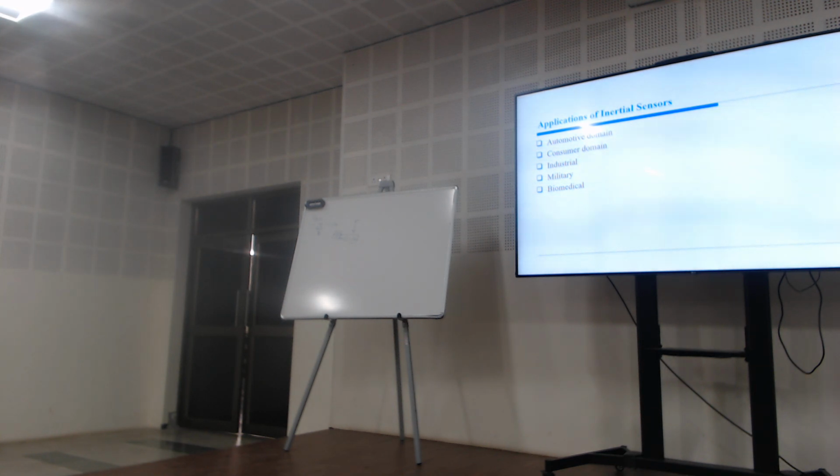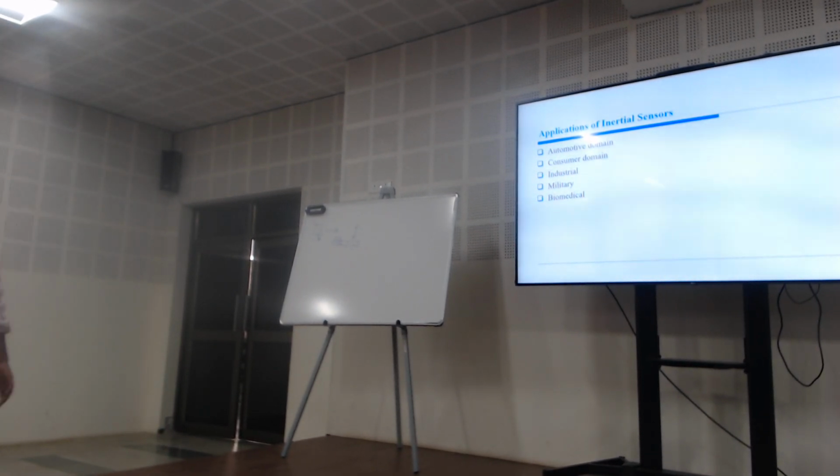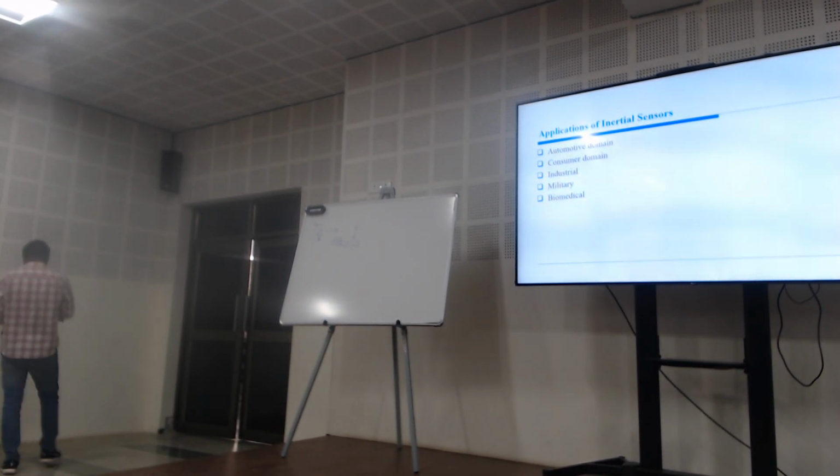Next is the consumer domain: our mobile has a gyro accelerometer, and our screen rotates using it. Then industrial automation, targeting missiles in the military, and biomedical. So I need to select which domain. First parameter: for which gravitational force I need to design, and next: for which application. These two we need to initiate first, and later we can go for the design.